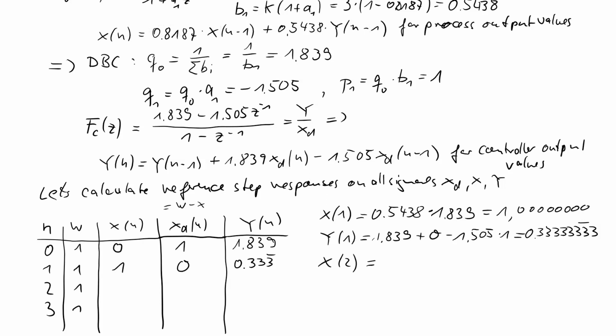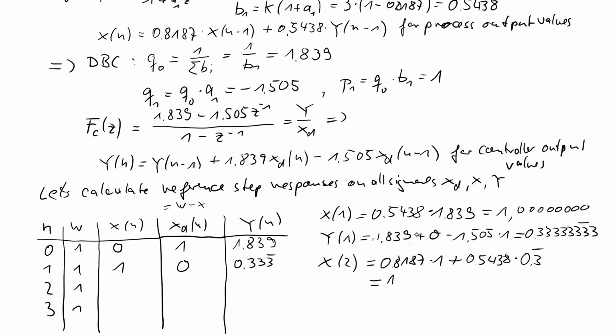This is 0.8187 times the process output one step before, this is this value, so times 1, plus 0.5438 times the controller output one step before, which is our 0.3 period.